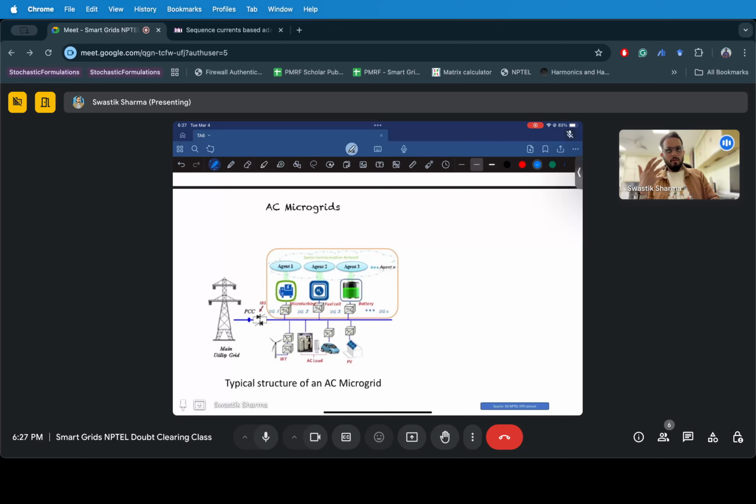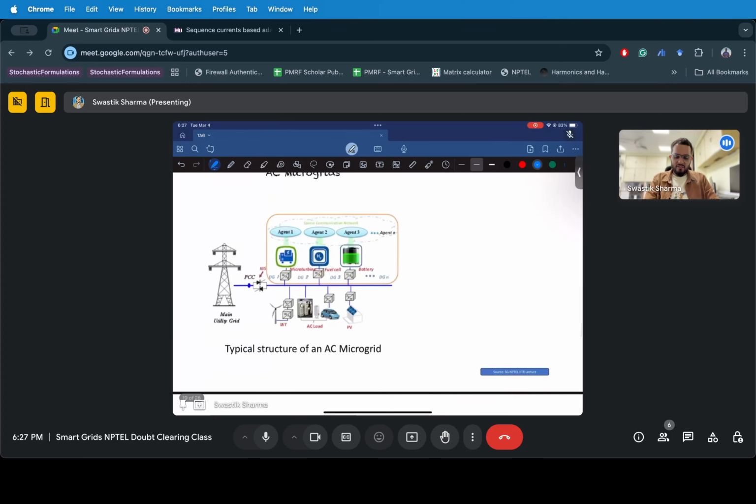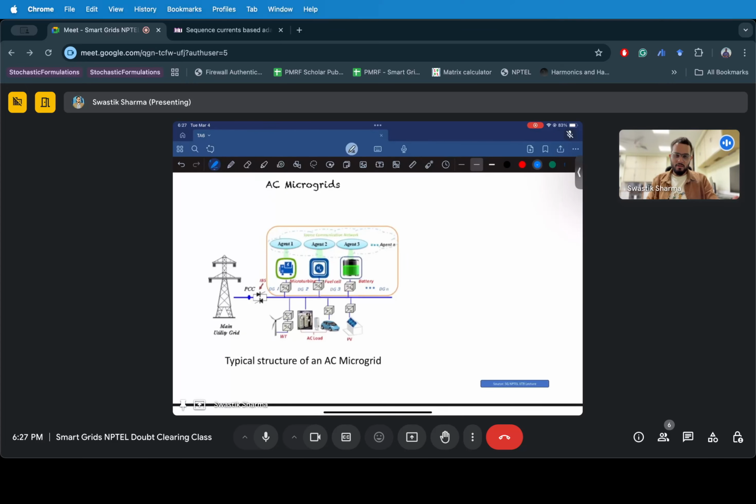Right now, but these AC microgrids, we've talked about previously, I guess in week 4, where we talked about islanding and grid connected mode of operation, right? In that, we talked about how islanding and grid connected modes matter because the utility is now in the picture, and utilities can be directly connected across the bus because both are AC in nature.